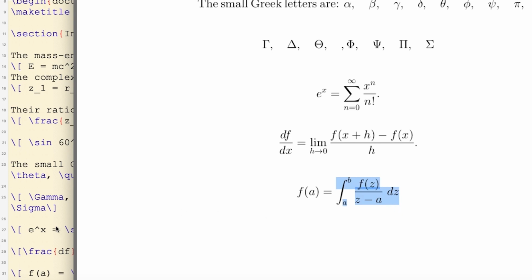Let's move further to understand how symbols and operators are written in LaTeX. Let's begin with the arithmetic operators such as dot and cross products of vector analysis.